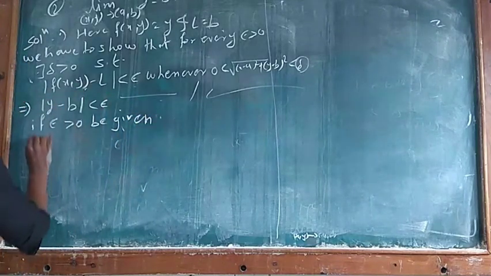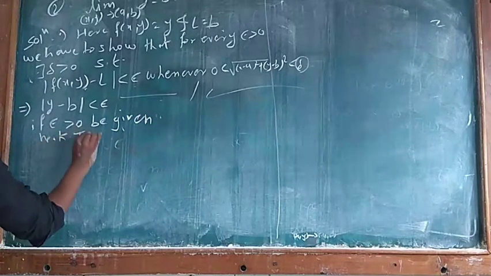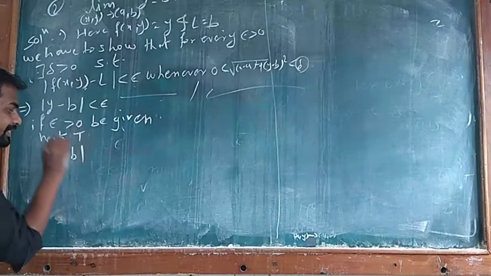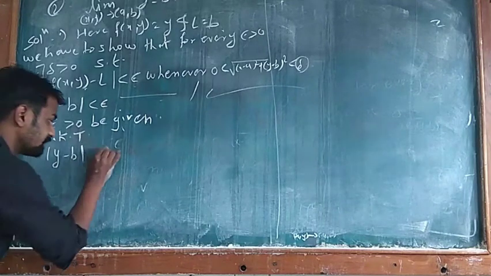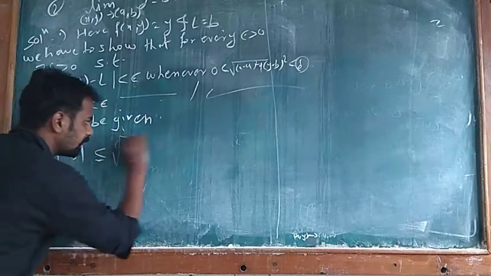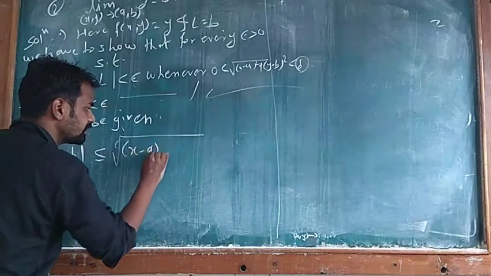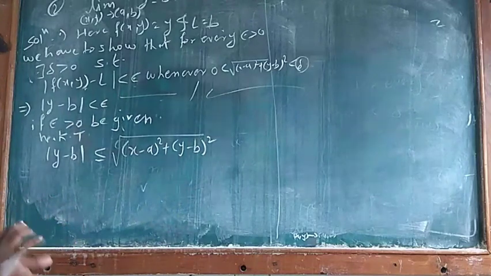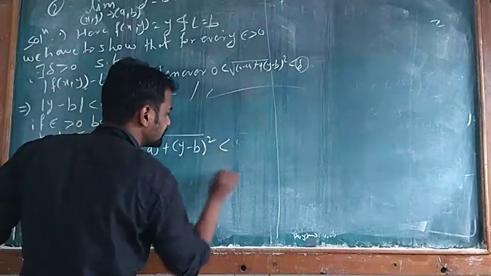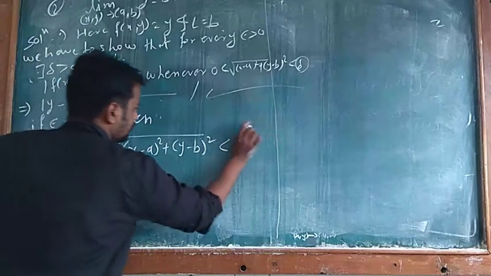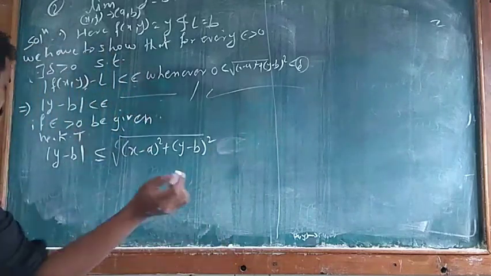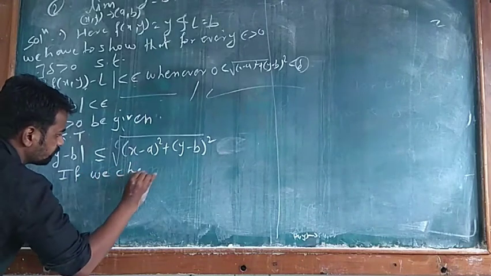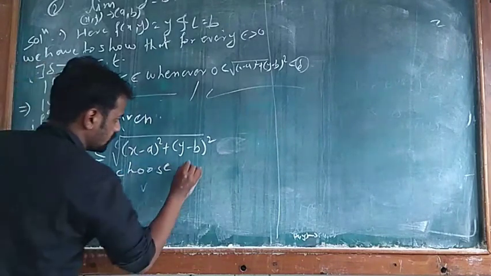Okay. Now we know that |y − b| is also less than or equal to √((x − a)² + (y − b)²).